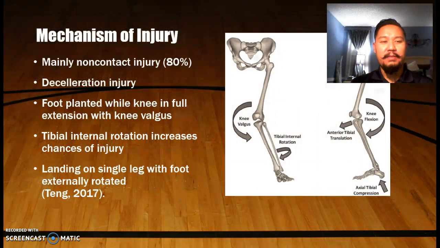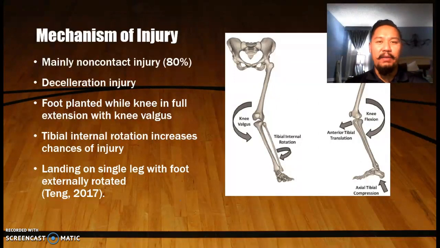So the mechanism of injury is mainly non-contact, from deceleration, like we talked about earlier: sudden stopping, sudden changes of direction. What happens is when the foot becomes planted and the knee extends, if excessive knee valgus or internal rotation occurs, then that puts a lot of stress on the ACL, and then you get those tears, those pops.